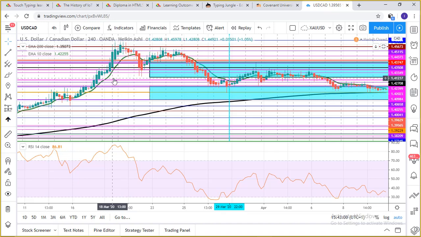Now, what I did was that the price went all the way up here. At some point, the price came back in. I had to use this level as a level of resistance. The price was trying to push above it.